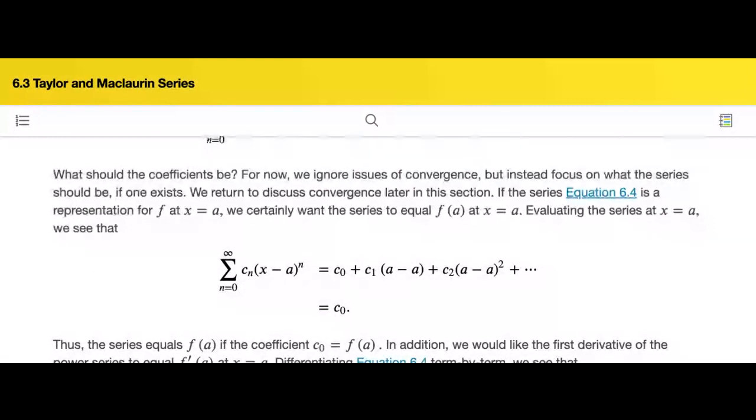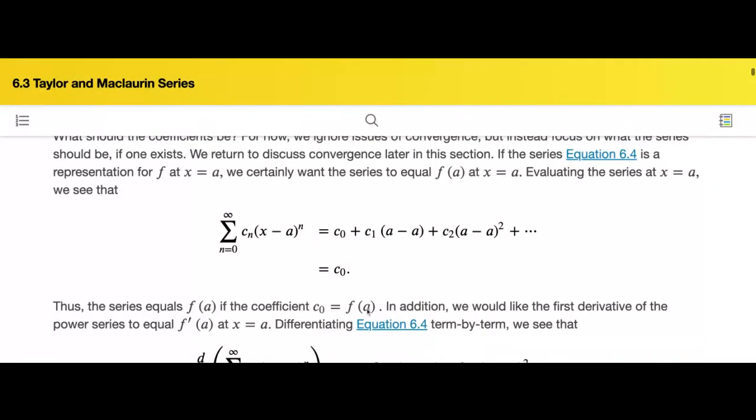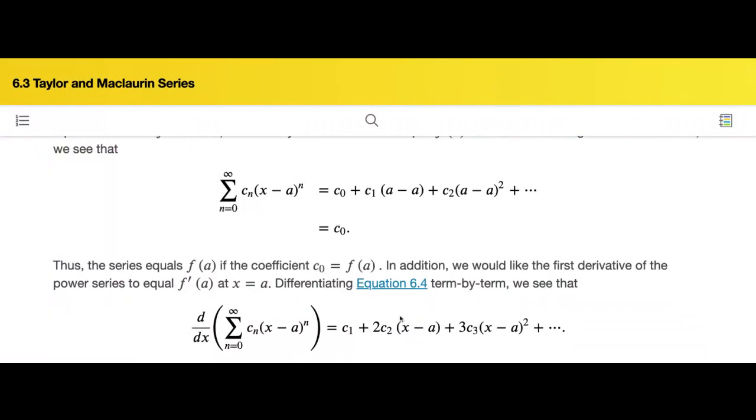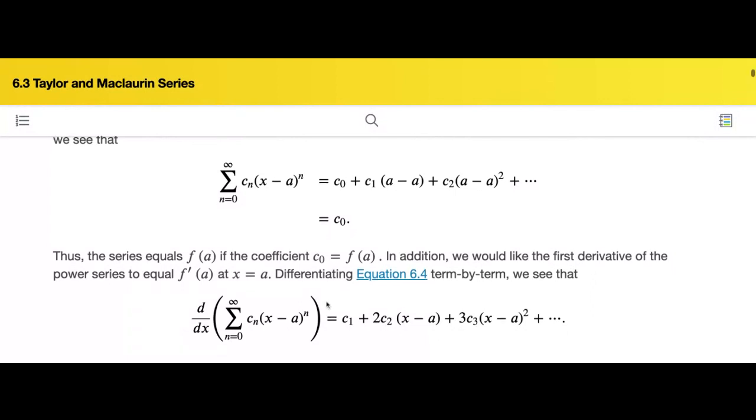If x equals a, the series is just C0. So the series equals f of a if the coefficient C0 equals f of a. So C0 is easy to find. Now we would like the first derivative of the power series to equal f prime of a at x equals a.